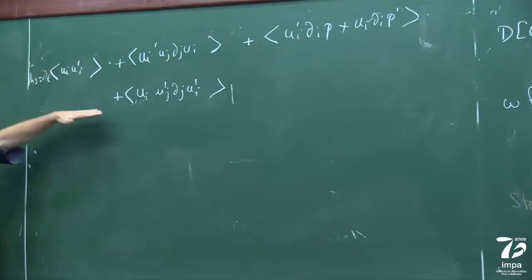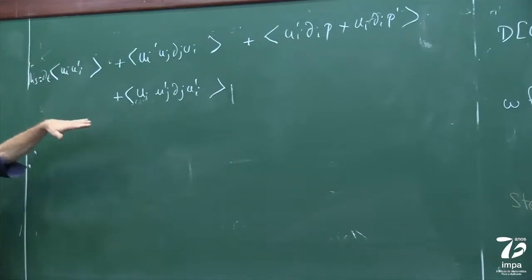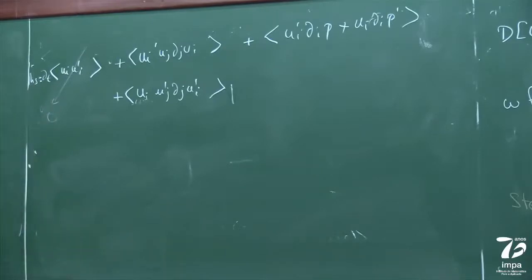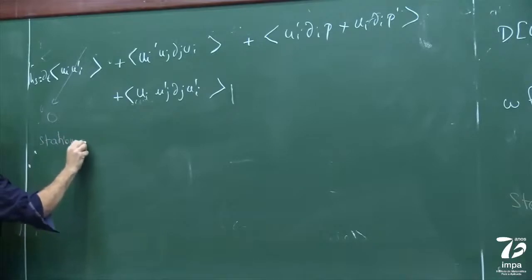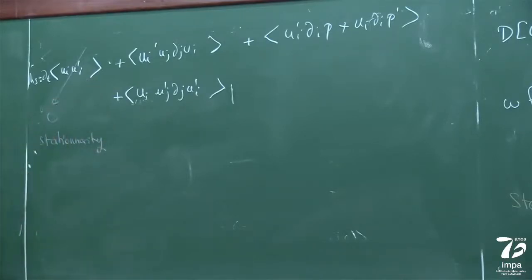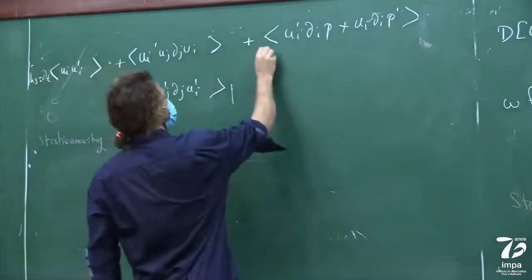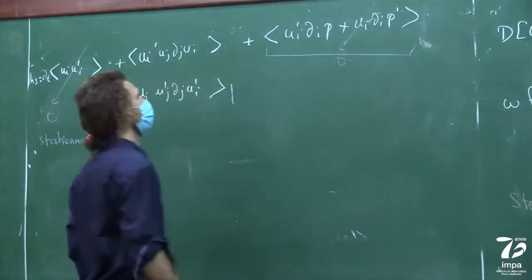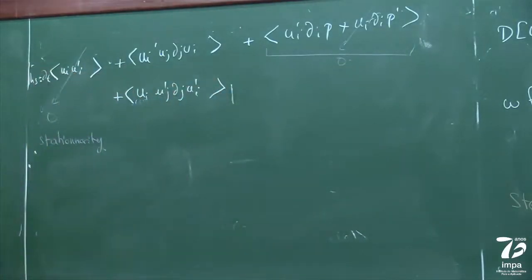So in this expression, it's clear that this term is 0 by stationarity of the measure, so basically this guy does not depend on time. And this guy also is 0. Why?